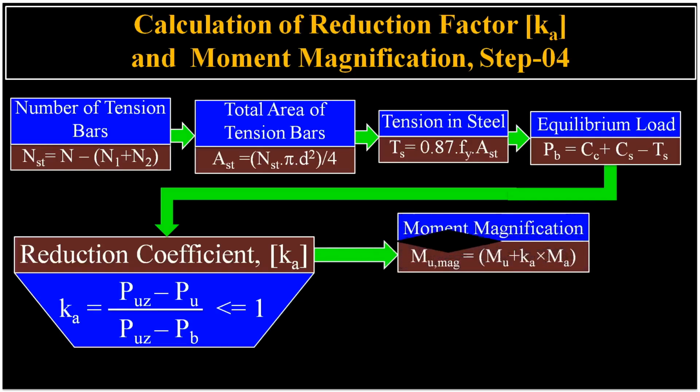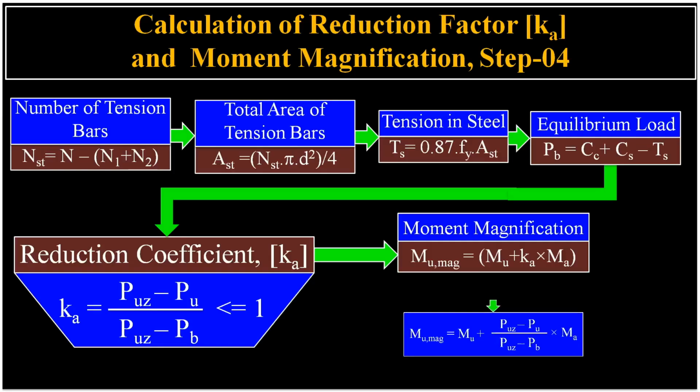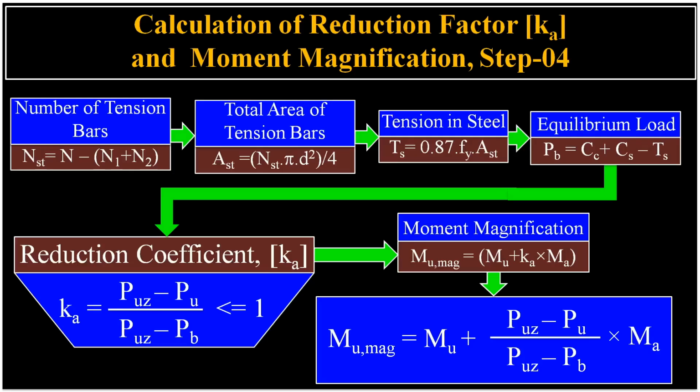Moment magnification. Next, we need to calculate the magnified moment for a long or slender column, with the help of this formula, mu mag equals mu plus Ka multiplied by Ma. Here, mu is the calculated factored moment. Ka is the reduction coefficient for the additional moment, Ma. Final formula for magnified moment.